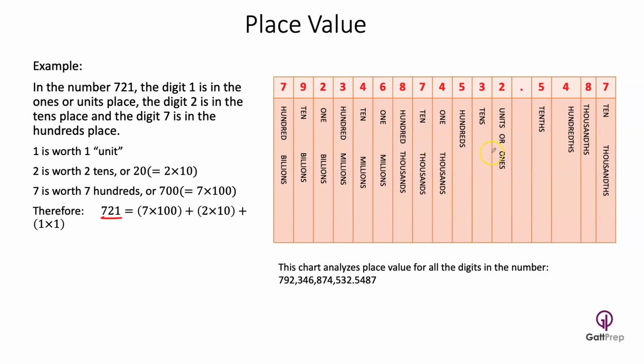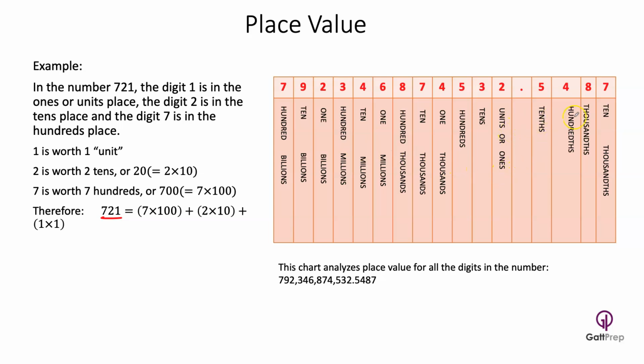Now, this chart right here analyzes place value for all the digits in the number 792,346,874,532.5487. And so here you realize that this 2 is in the unit place. This 3 is in the tens place, all the way to 7, which is in the 100 billions place.